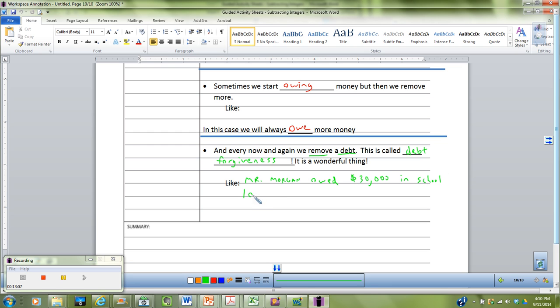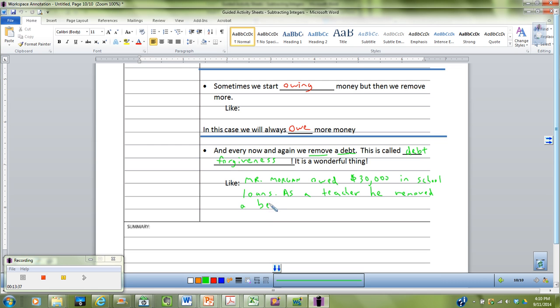Craziness, right? So Mr. Morgan owed $30,000 in school loans. As a teacher, I've been teaching in Compton for a while, and if I teach in an inner city like Compton, I'm actually eligible for loan forgiveness. So as a teacher, the government removed, so I was able to remove a debt.